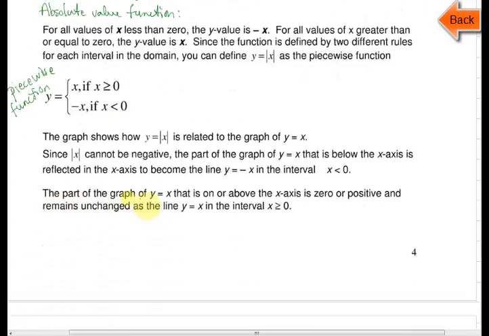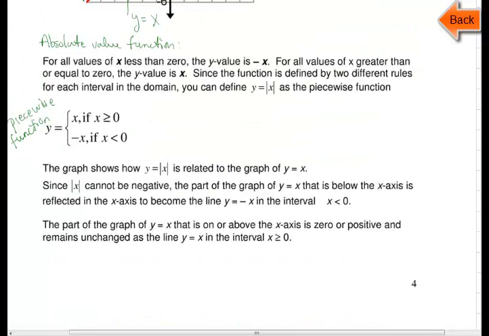The part of the graph of y equals x that is on or above the x-axis is 0 or positive and remains unchanged as the line y equals x in the interval of x is greater than or equal to 0.